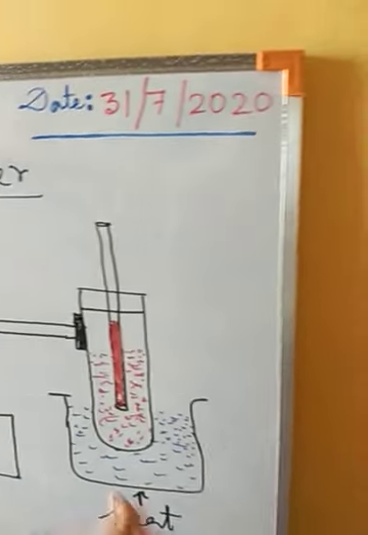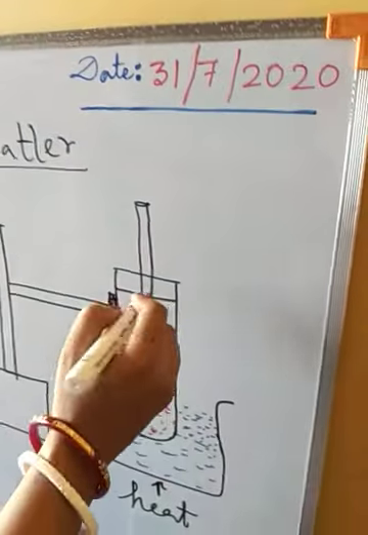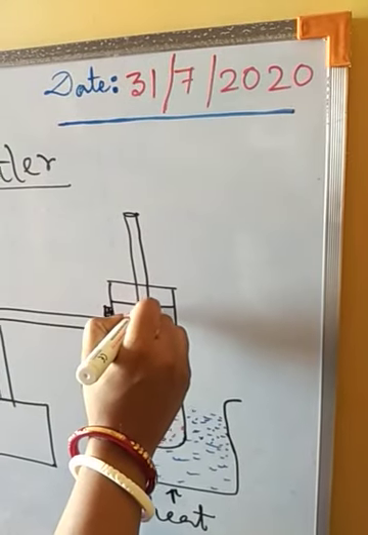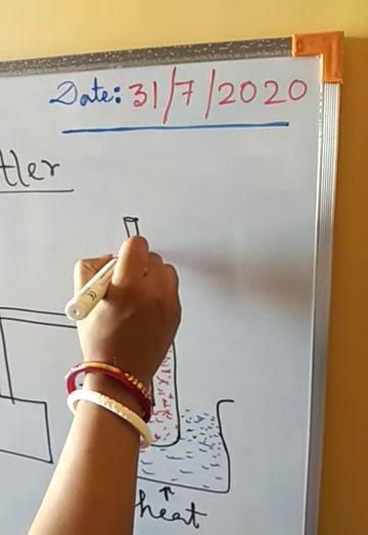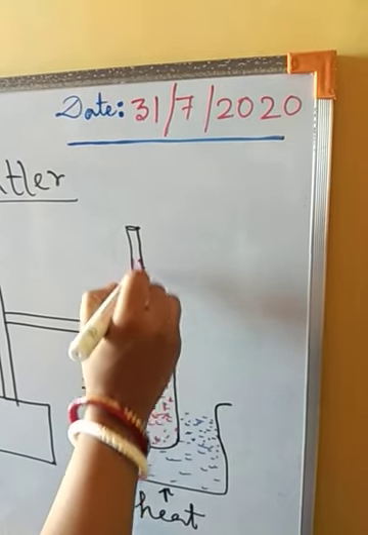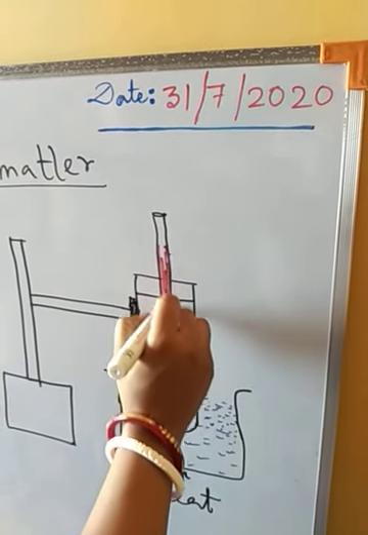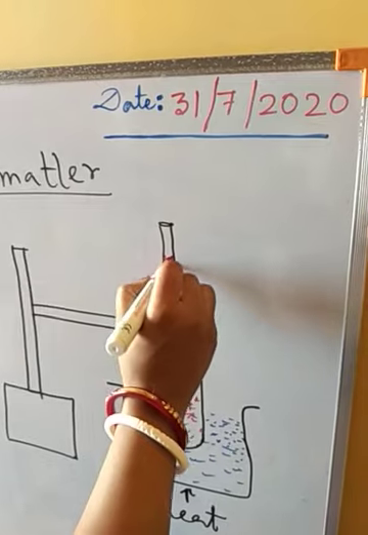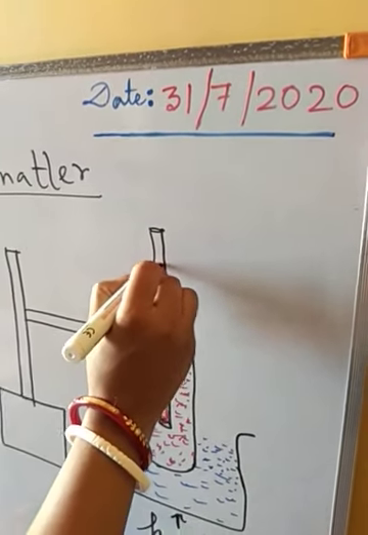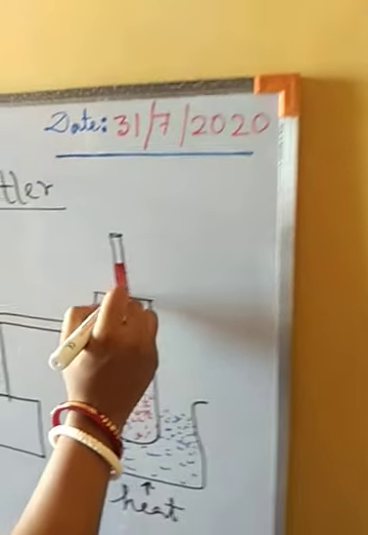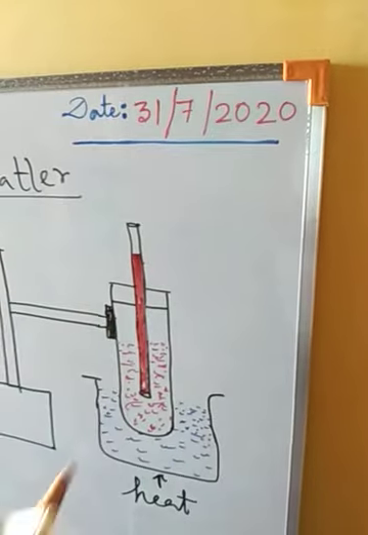Now when we heat, gradually we can see that the liquid level in the capillary will rise significantly. Here after heating we can see the level goes up to this.